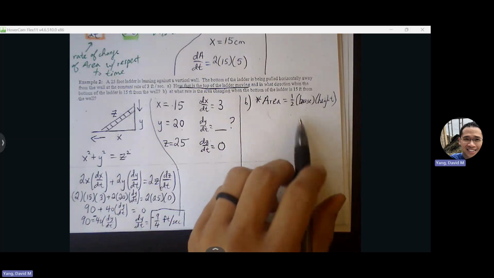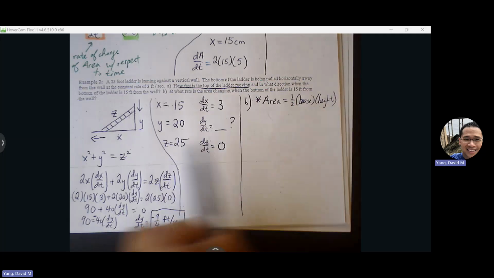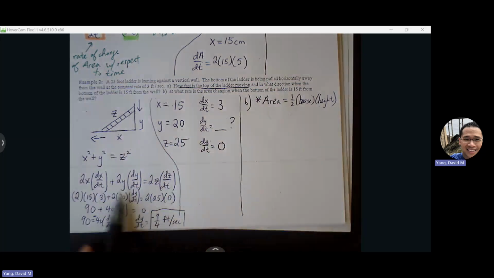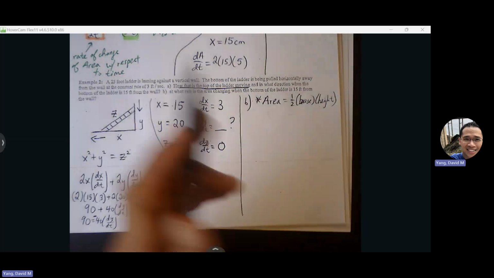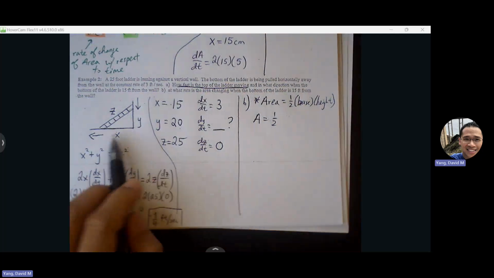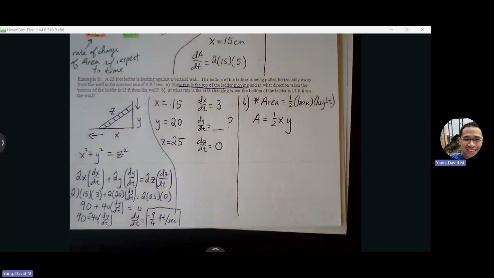In this case, we can adjust our formula with the variables that we're using already, because we can reuse a lot of the data from part A for part B. So we know the area is just 1/2 base, which is x, times height, which in this case is y.